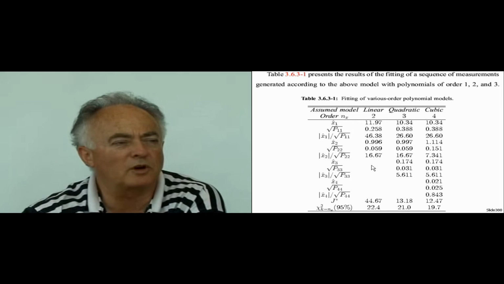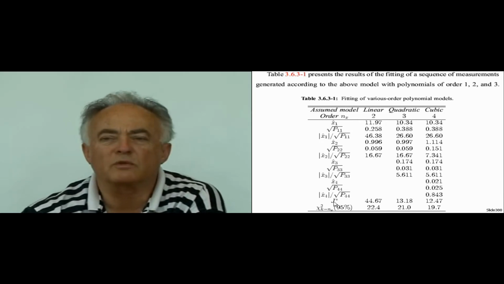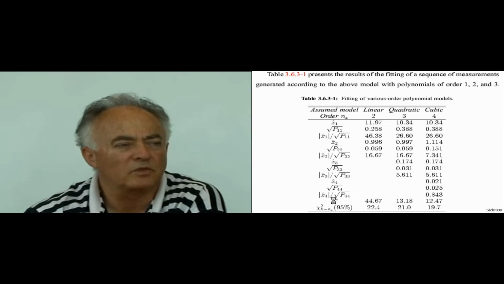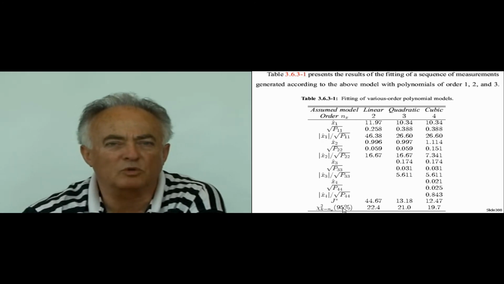Is there a problem of underfitting? Let's look at the goodness of fit, the J star, which turns out in this case to be 44 and something, and then look at what we expect it to be, the highest value with 95% probability, so excluding a 5% upper tail.